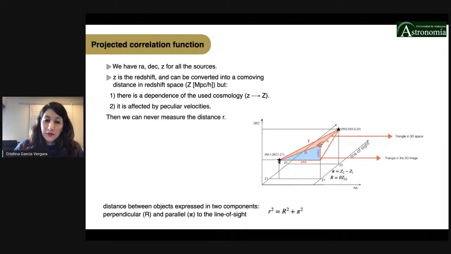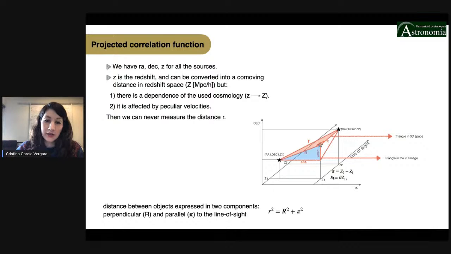And you can also define the distance between the two objects projected in the sky plane, which is called big R. This big R is basically the same as theta that we measure for the angular correlation function, but given that we have redshift information, we can convert this distance to physical distance, not in arcseconds, using the redshift at which the source is.